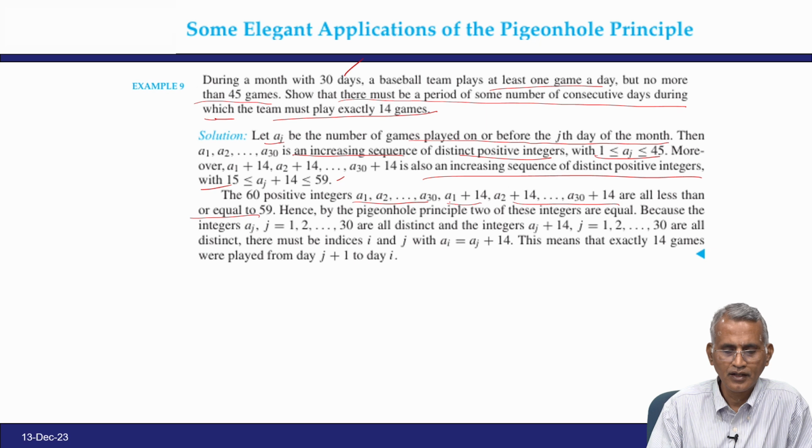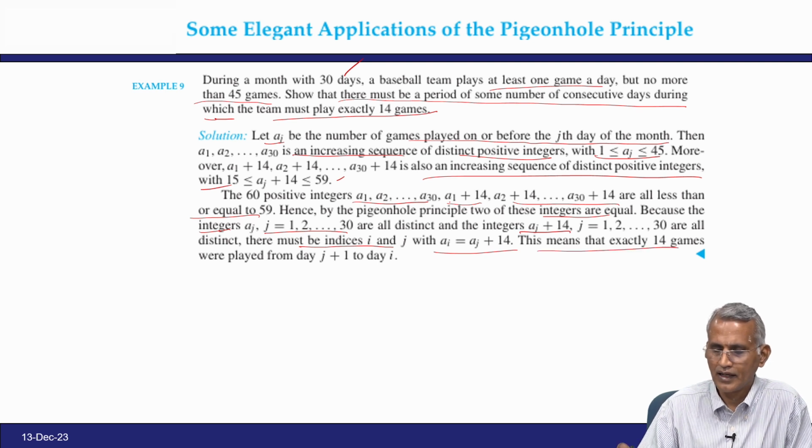It means by the pigeonhole principle two integers are equal, because the integers Aj where j varies from 1 to 30 are all distinct, and the integers Aj plus 14 where j varies from 1 to 30 are all distinct. It means there are indices i and j with ai equal to Aj plus 14.